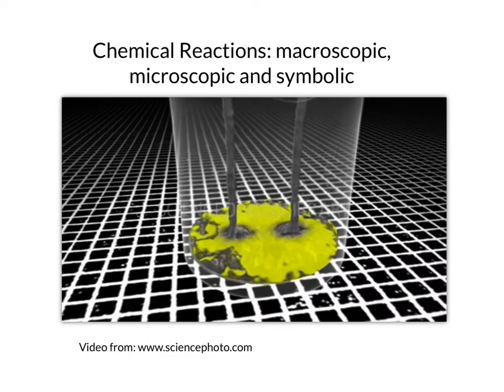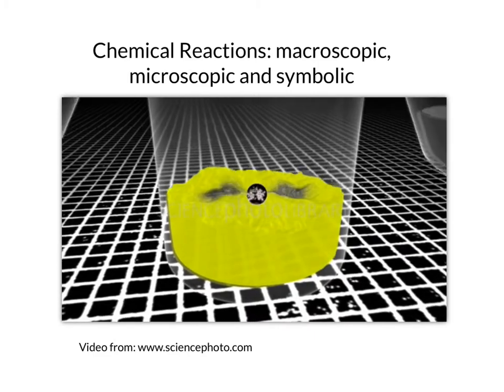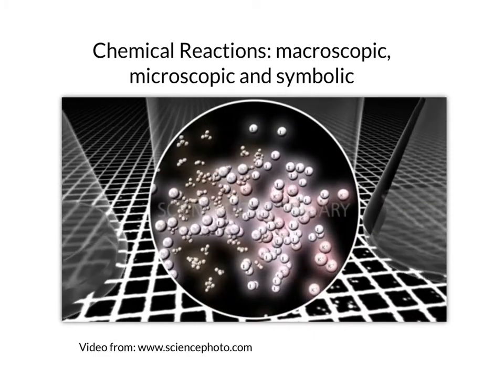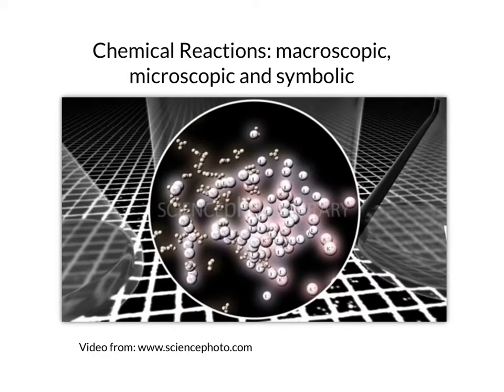On the microscopic level, we know that the solution of lead nitrate and the solution of potassium iodide consist of nitrate ions, polyatomic nitrate ions, iodide ions from the potassium iodide, potassium ions from the potassium iodide, and lead ions.